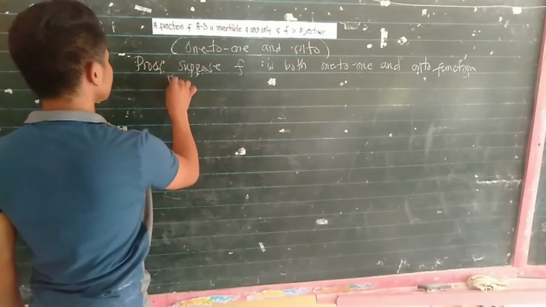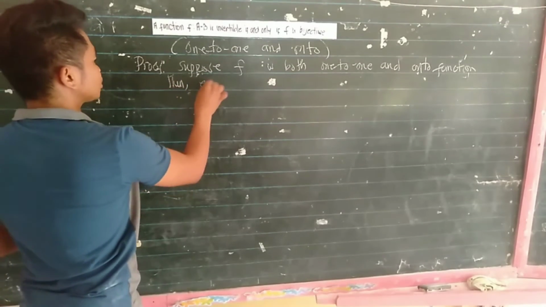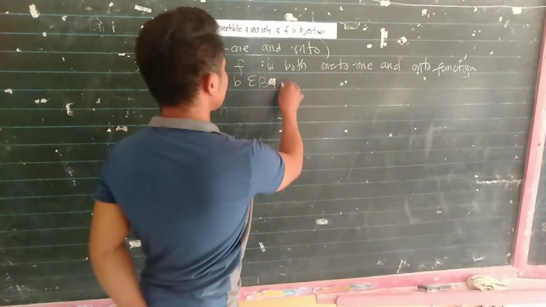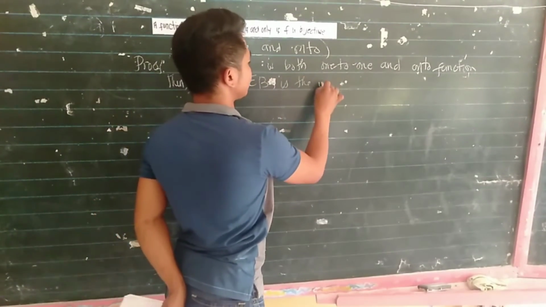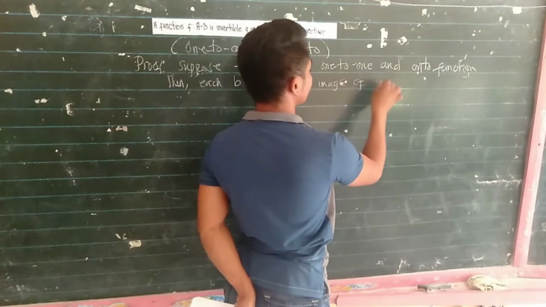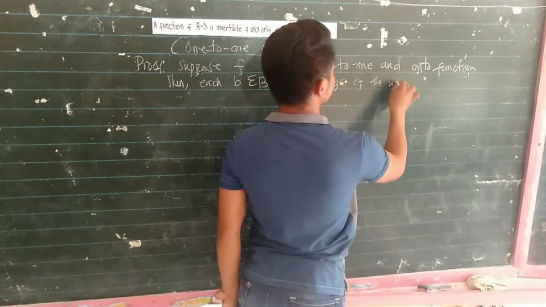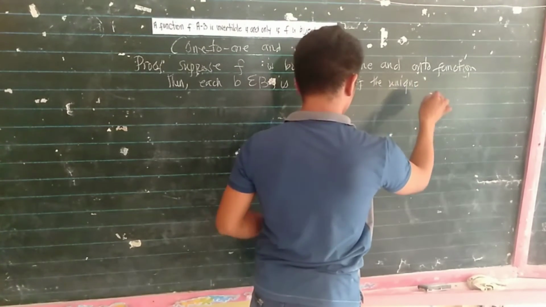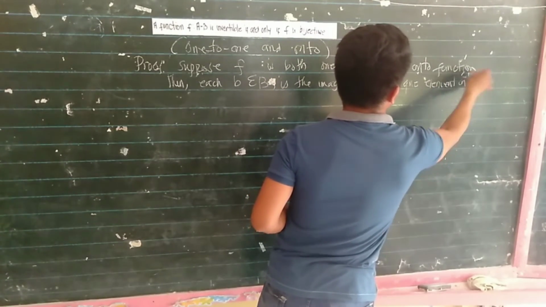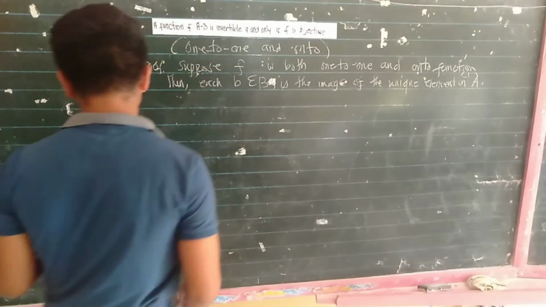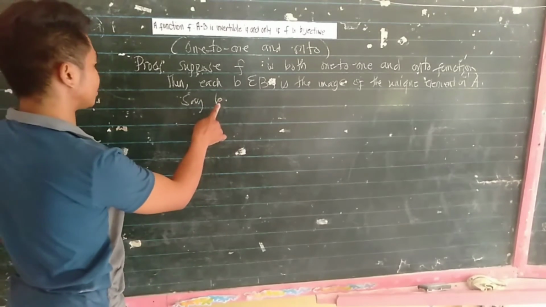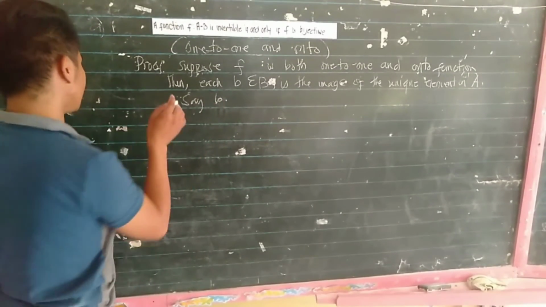Then each element b of B is the image of a unique element of A, say a.